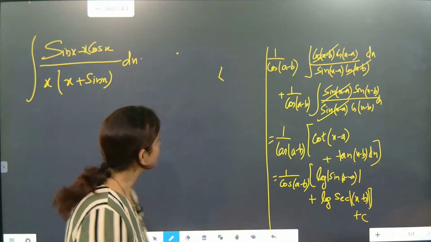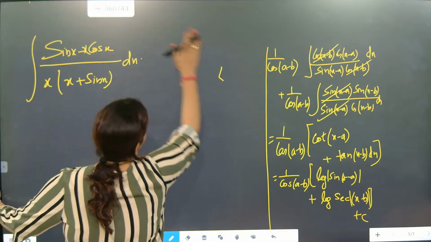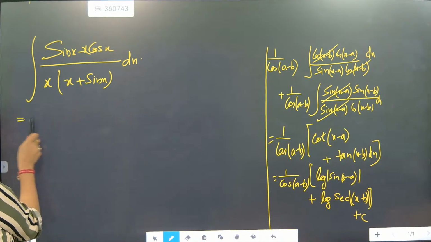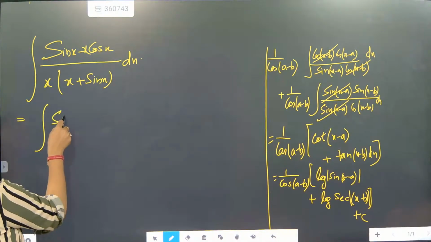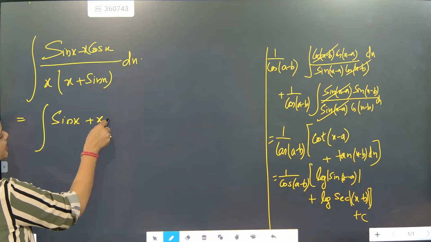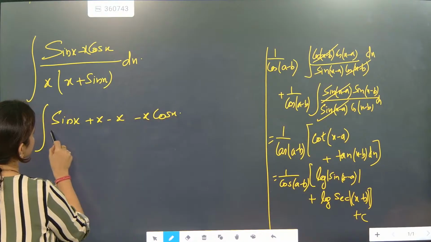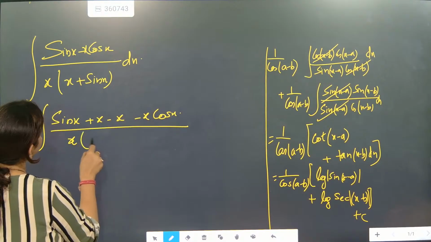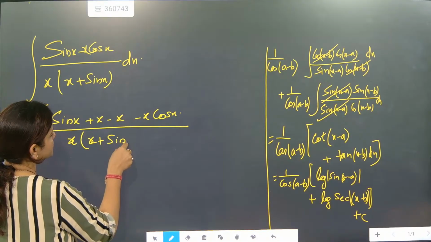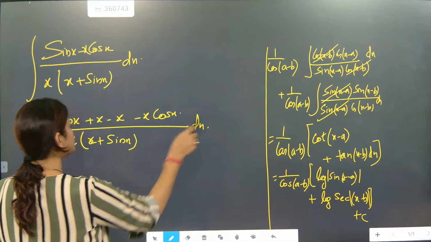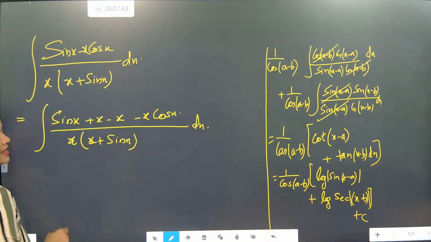Understood? So now the most important thing we are going to do here is first add sin x plus x minus x cos x by x plus sin x. Why did we do it like this? Because here x plus sin x is there and we are not getting any chance of taking anything out.